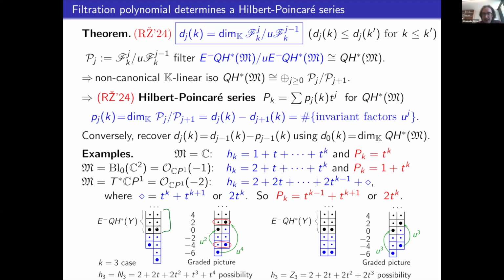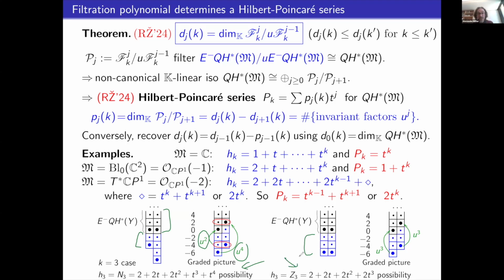And two situations could happen. We could have this naive inclusion where the quantum cohomology has just been shifted down by 3 classes, or you could have this more interesting situation where some classes in quantum cohomology become U² divisible, some become U to the 4 divisible, so more than you might expect, not U³ but U⁴, and that gives rise to these two types of filtration polynomials.